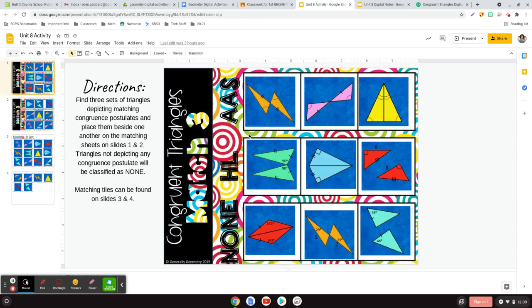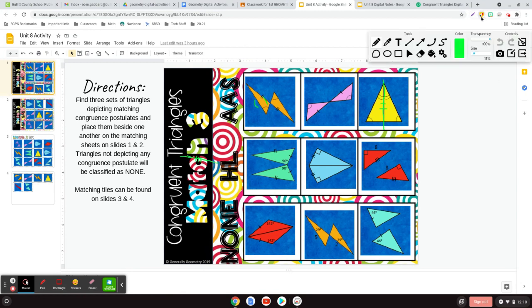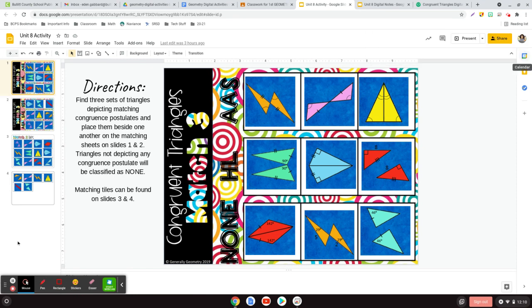So if we start back up here at angle, angle, side, these two triangles here, these orange triangles, we can prove that they are congruent because they have these two sides that are congruent.